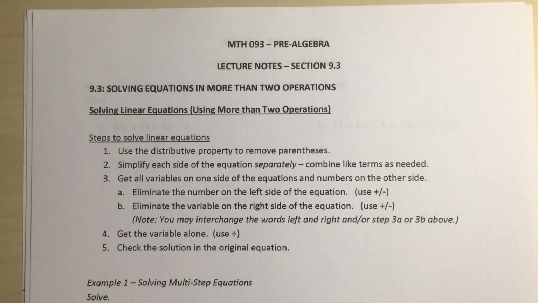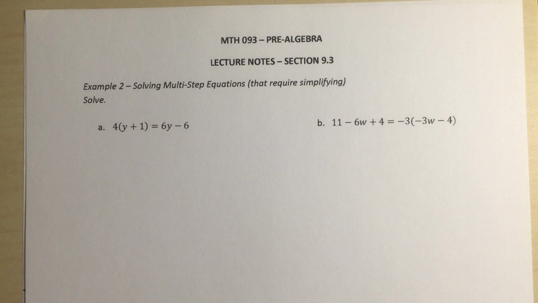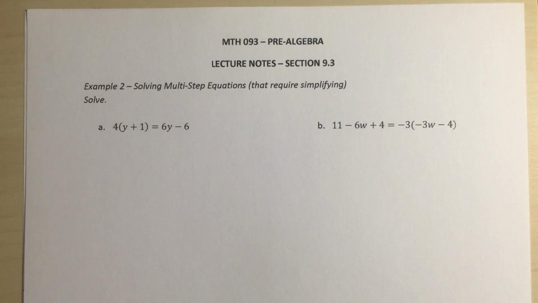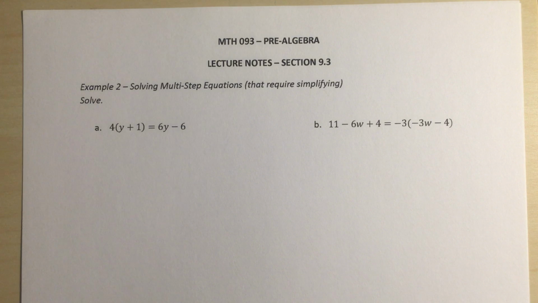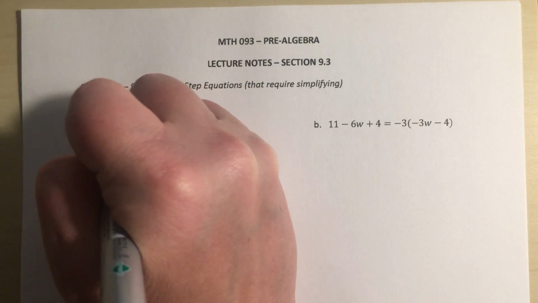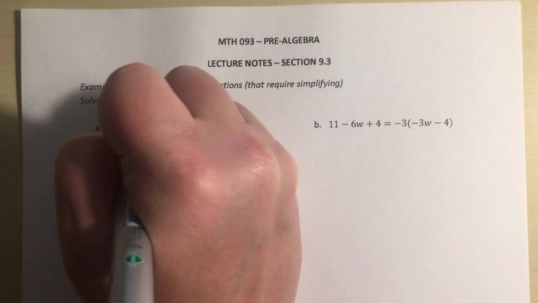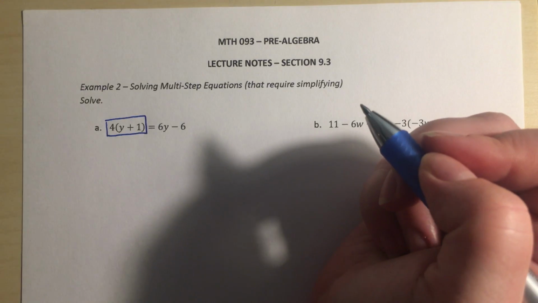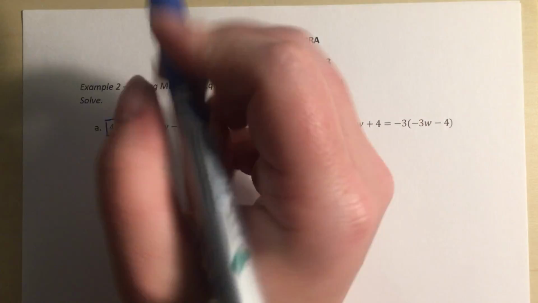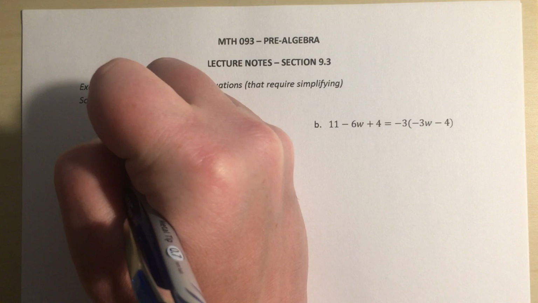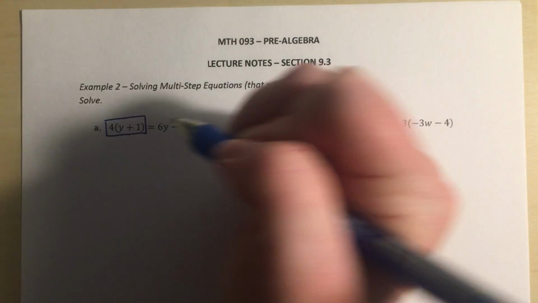So for example 2 to start with, we have 4 times (y plus 1) equals 6y minus 6. Looking at this right away, we should notice that we have parentheses. So we want to distribute this 4 on this side. Remember, when we're using our distributive property, we're taking that number that's out front and multiplying it by everything that's inside.